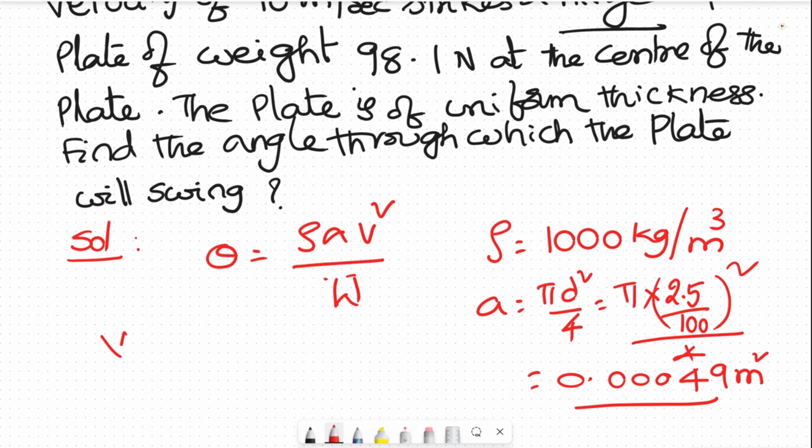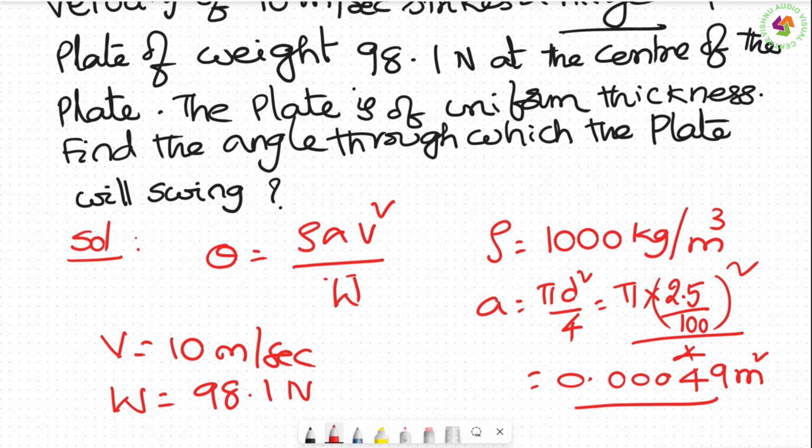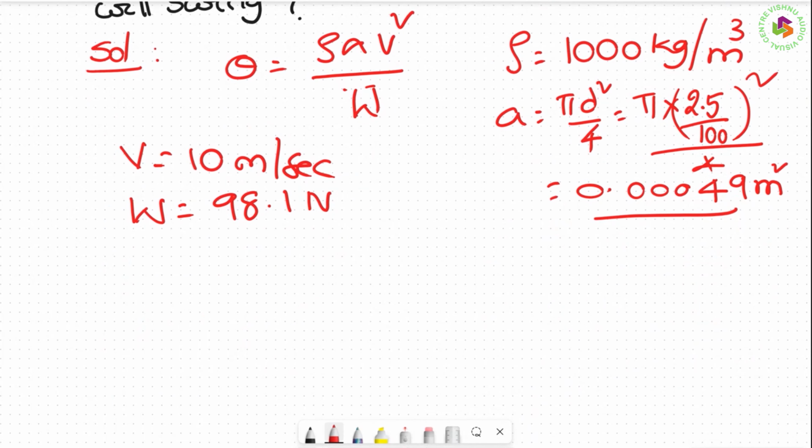Then what is V? They have given V is equal to 10 meters per second. What is W? They have given W is equal to 98.1 newtons. So all the units are also clear, SI units: rho 1000 kg per meter cube, meters per second, newtons.